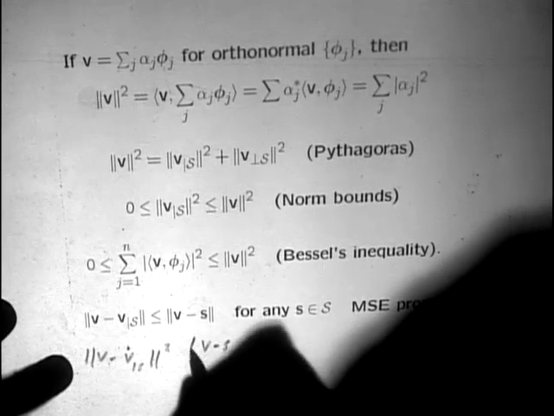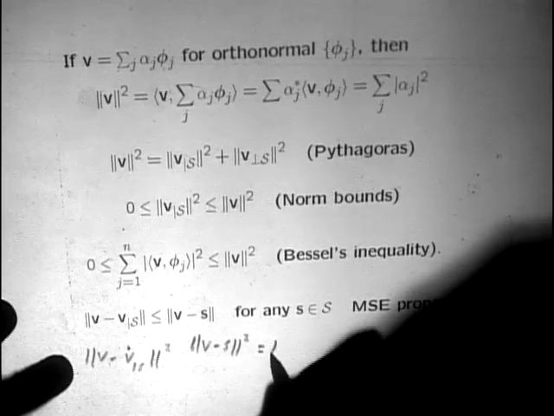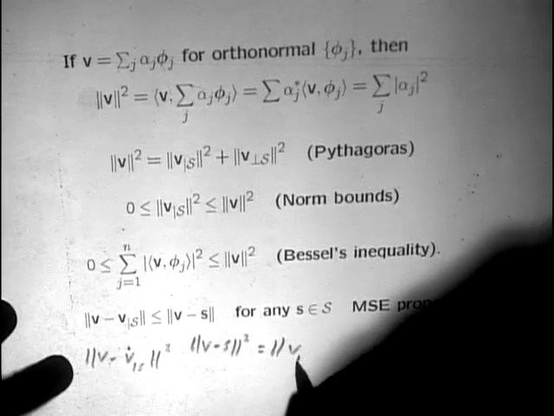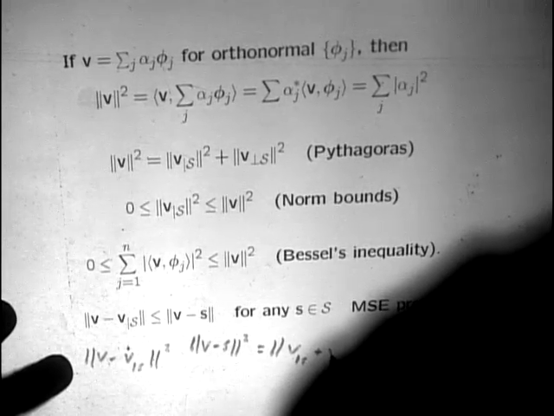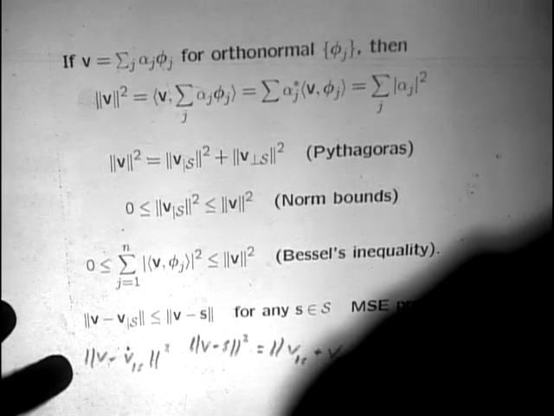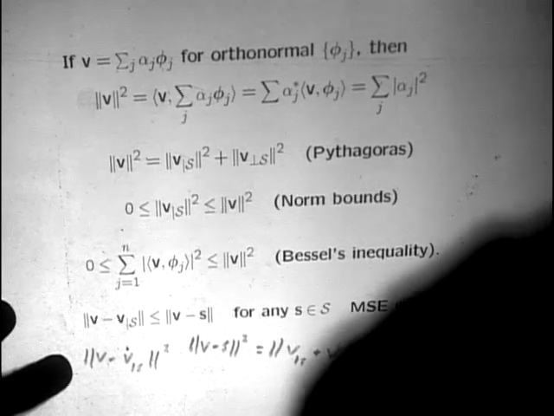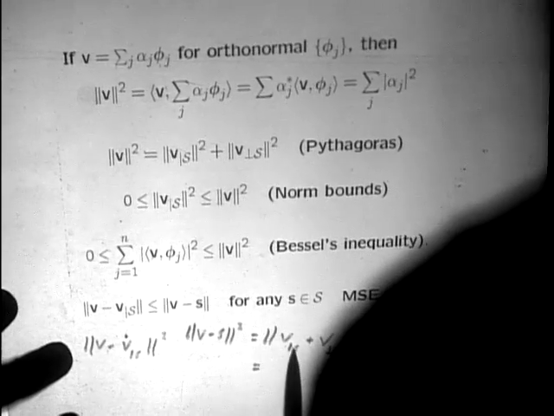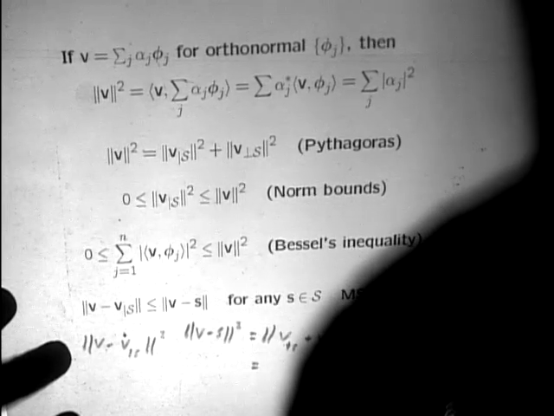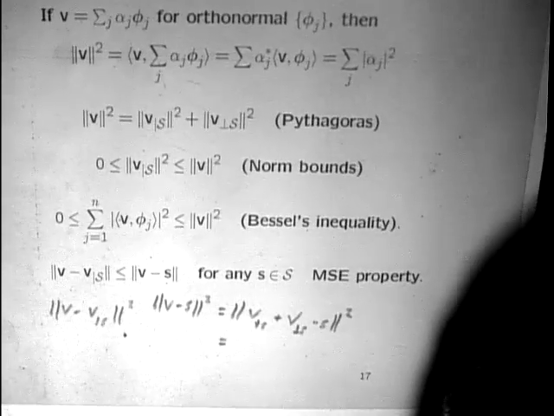V minus S is equal to V, the projection, plus V perpendicular to S, to the subspace S, minus this vector S. This is perpendicular to this and this, so, never mind.